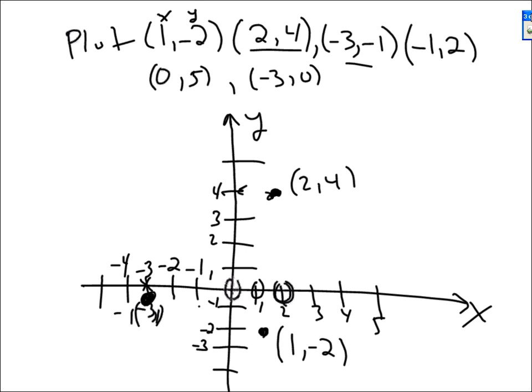That's (-3, -1), right here. Alright. (-1, 2). So you go over 1 to the left and then you go up 2. Right there. That is (-1, 2). I know it is, because when I look down, I see -1, and when I look across, I see 2.